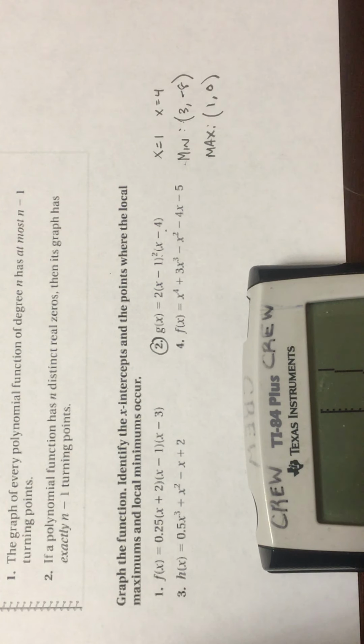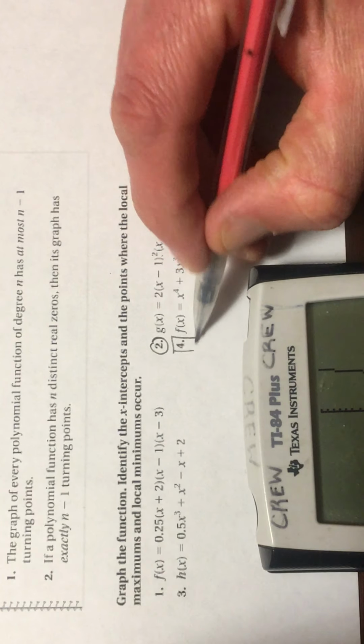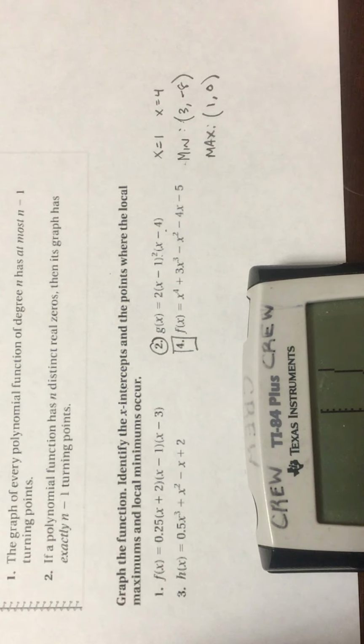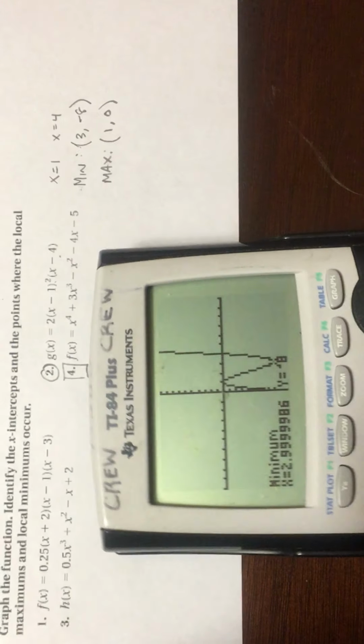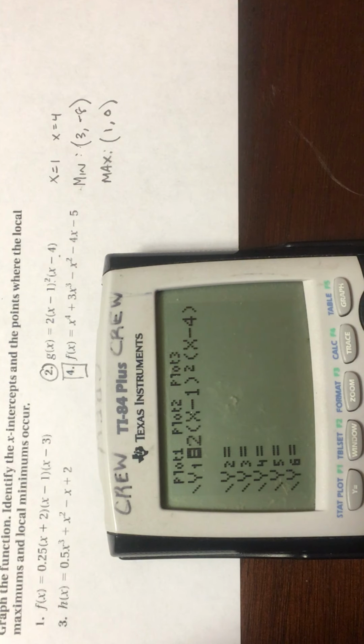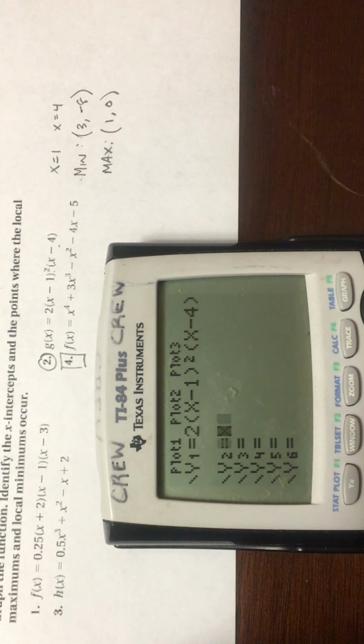If I do number 4 now, I'll do number 4 in a box. Okay. This one I have to put in the calculator. So let's turn this off. And here we go. X to the 4th plus 3x to the cube minus x squared minus 4x minus 5.